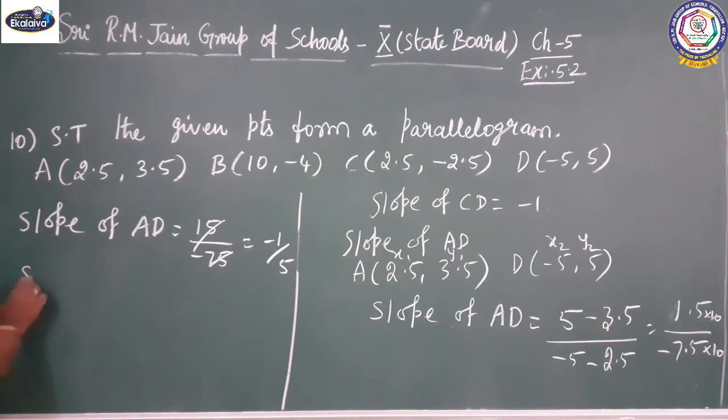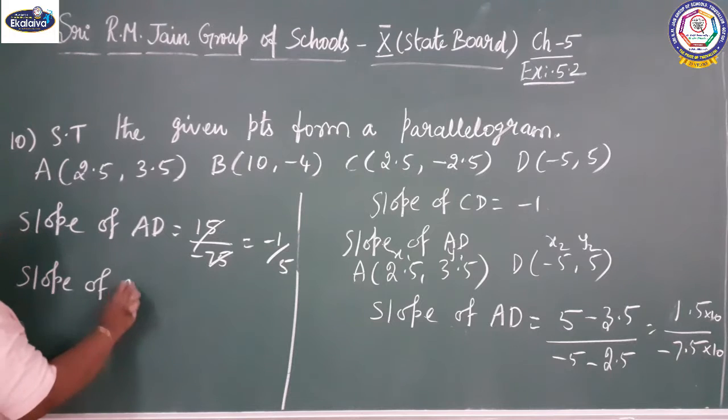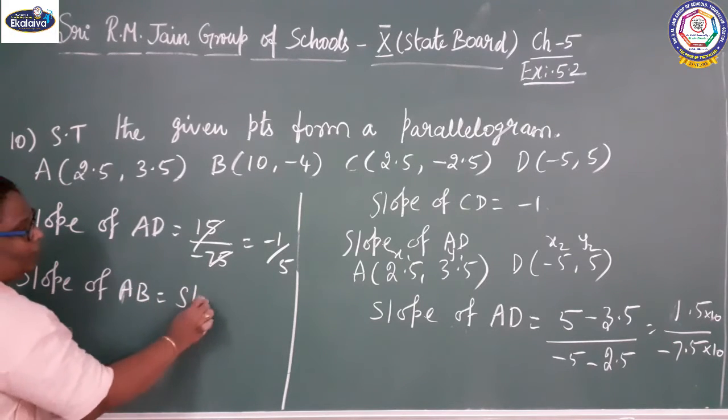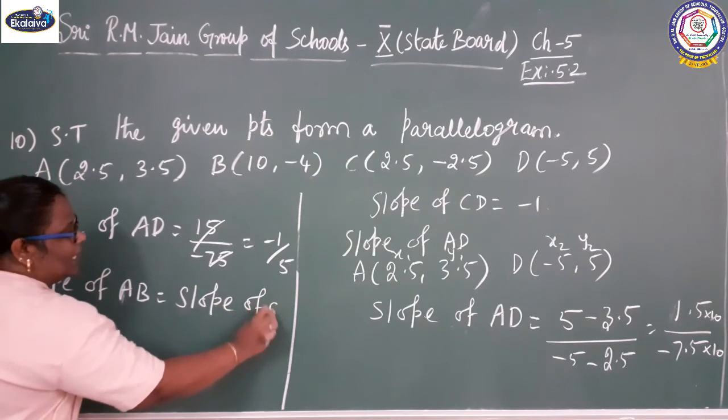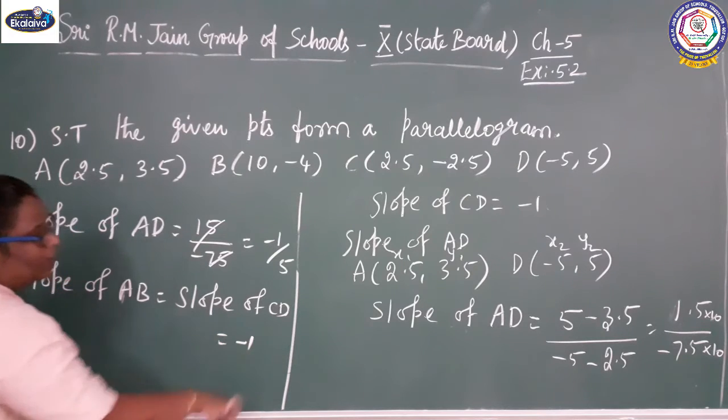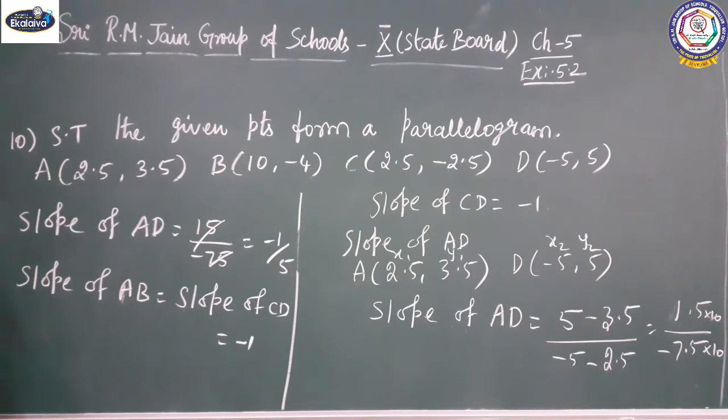See, slope of AB equals slope of CD, you are getting the value what? Minus 1. Slope of AB equals slope of CD equals minus 1.